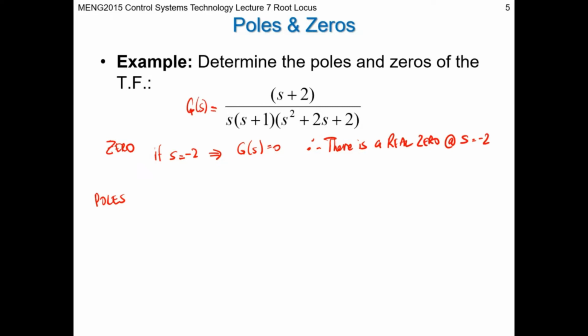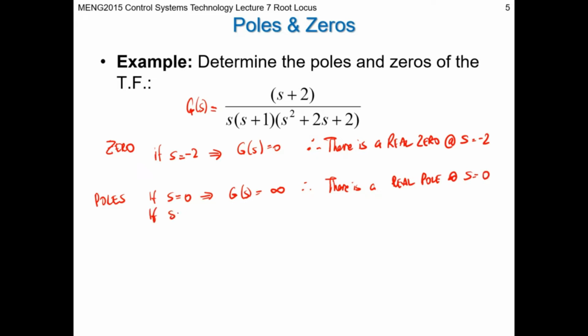What values of S set the denominator to 0 and therefore set the transfer function to infinity? Right, so I can say if S equals 0, then certainly G of S equals infinity, because this going to 0 would set the denominator to be 0, right? And therefore there is a real pole at S equals 0.